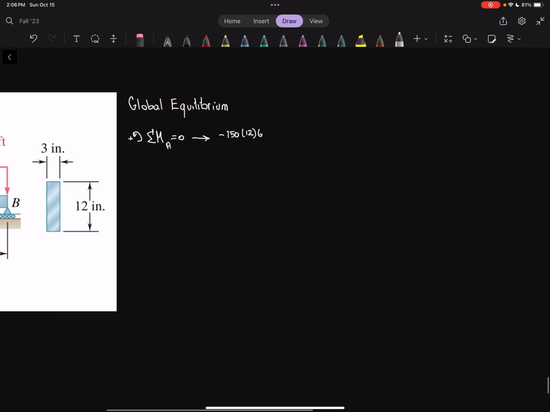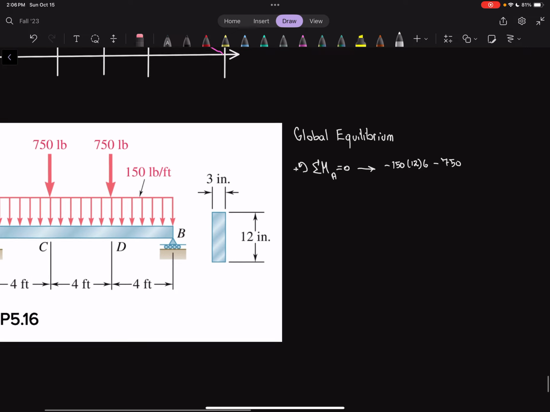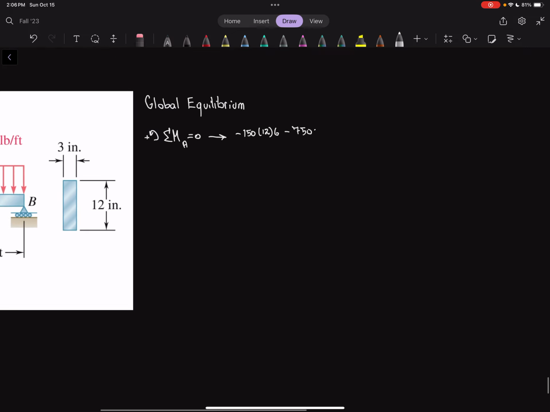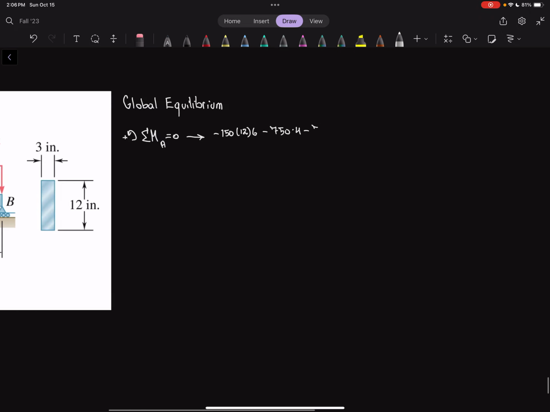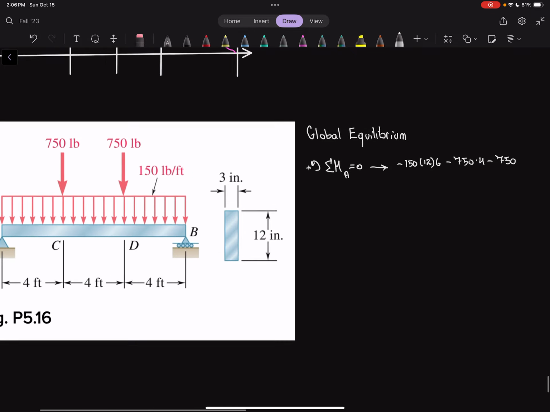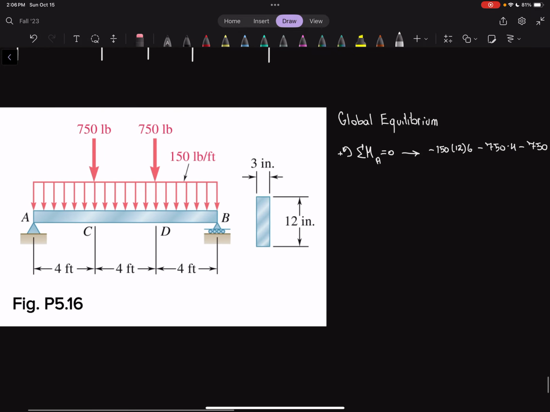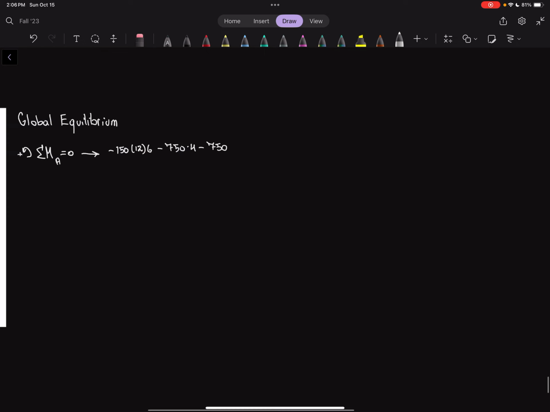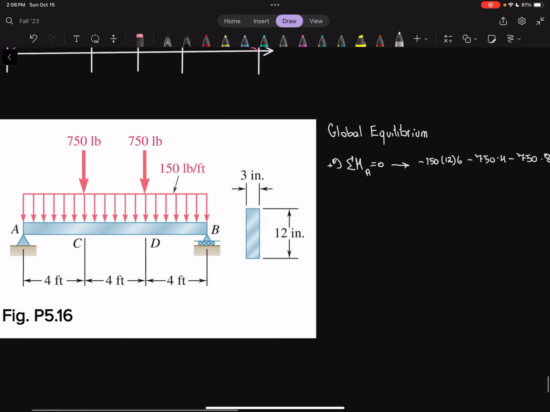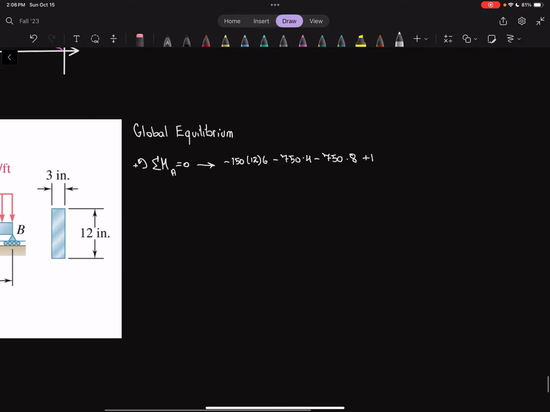And then we'd have minus 750 pounds multiplied by the distance from A, which is 4, and minus 750 pounds. I think it's going to be symmetric, and you'll see. 750 times 8 plus By times 12. All of that must be equal to 0.